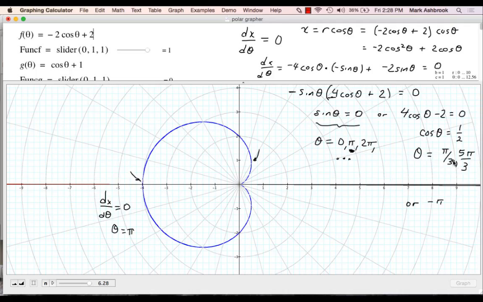Either of these plus any multiple of 2 pi. So negative pi over 3, negative 5 pi over 3. What is this? This is 6 pi over 3, 7 pi over 3, etc. Okay, so we found it.